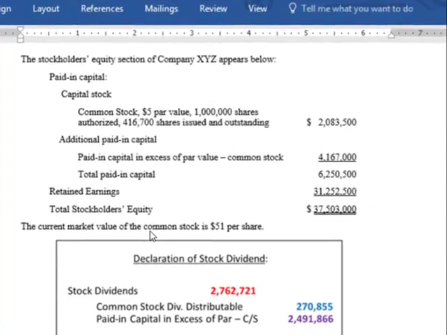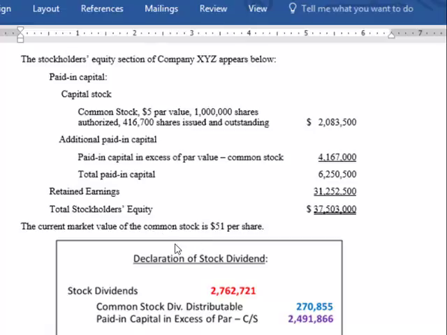Our debit to stock dividends will be for the market value of these new shares of stock, and we're told the market value is $51 per share. So $51 times the number of new shares equals this debit to stock dividends.